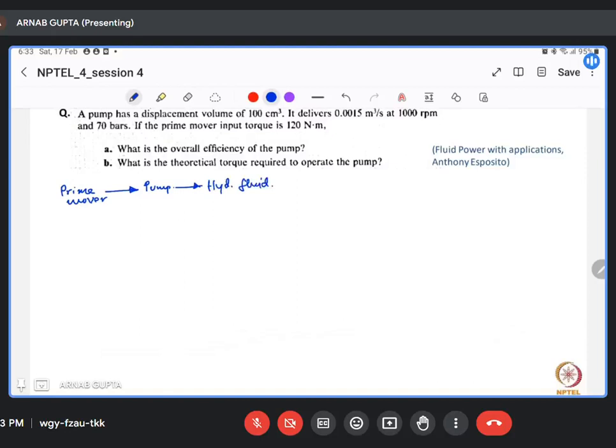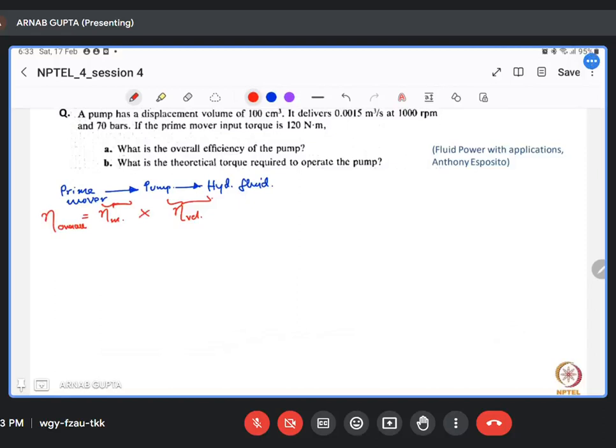You have a few efficiencies associated with this conversion. Here you have a few losses which are taken care of by the mechanical efficiency term. And here also you have a few losses which are taken care of by the volumetric efficiency term. Your overall efficiency is a multiplication of these.